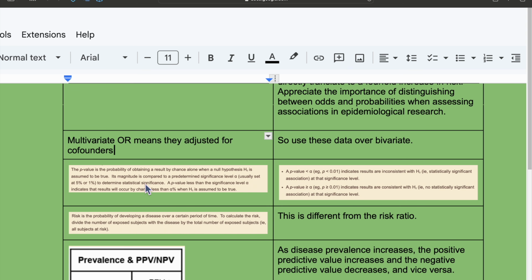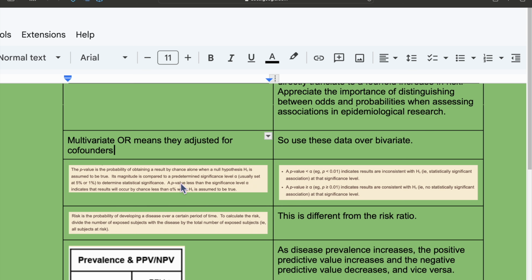To determine statistical significance, a p-value less than the significance level alpha indicates that results will occur by chance less than alpha percent when null hypothesis is assumed to be true. Yes. Okay.